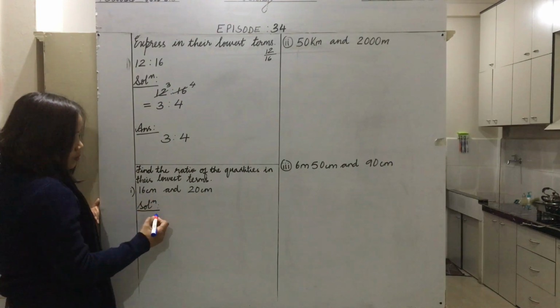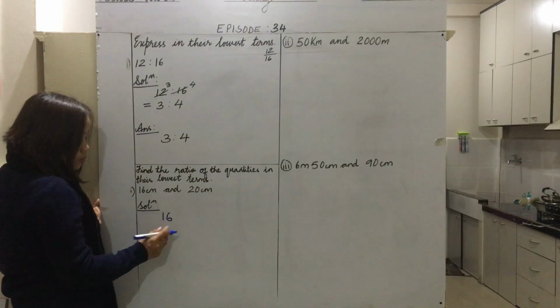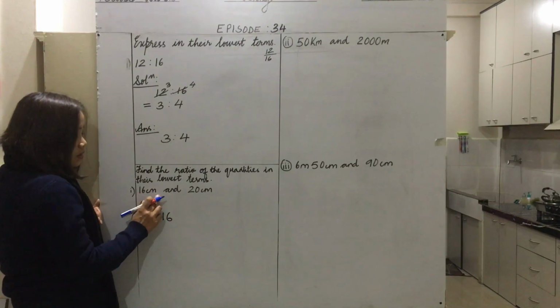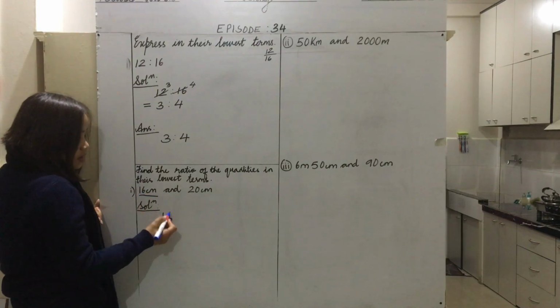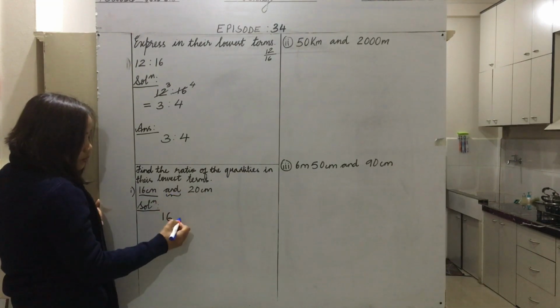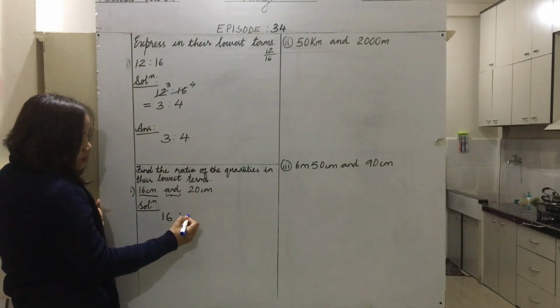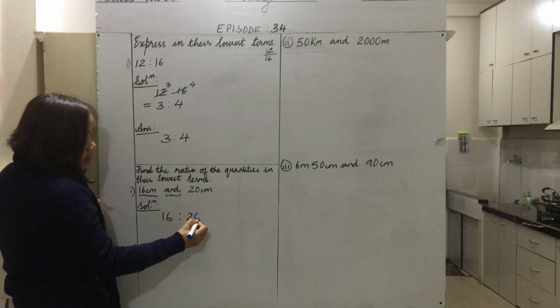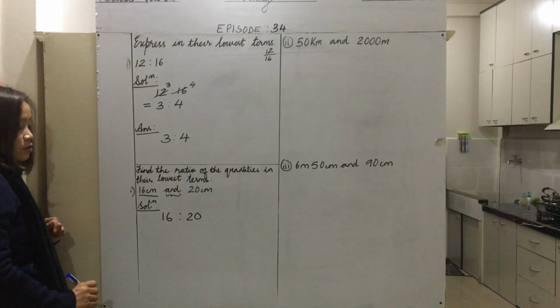When we write down the ratio, we do not write the units. So 16 centimeters you will take down as 16, and you will put the is-to symbol, and then 20 centimeters will be written down without its unit. Now that means we have 16 is to 20.